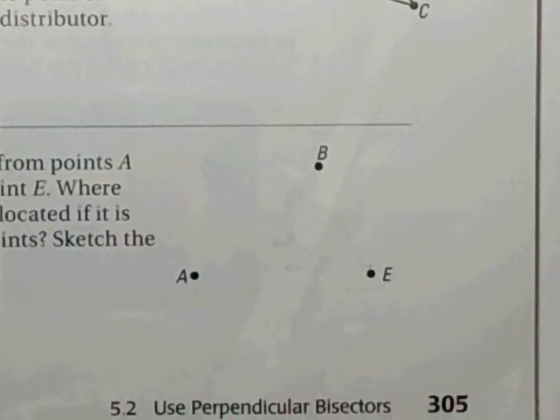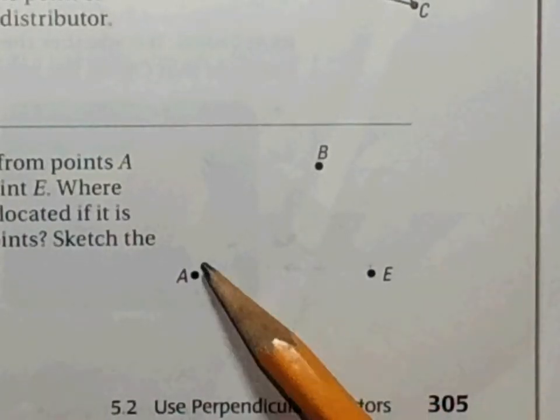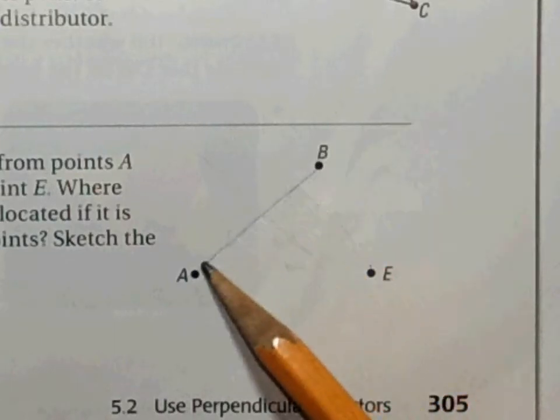Okay? So, we just talked about how to find the circumcenter. The circumcenter is going to be the point that is equidistant from those 3 points. You're going to have to do this on problem number 28 in your homework, so this is a good example. First thing we're going to do is connect these dots and make this a triangle.